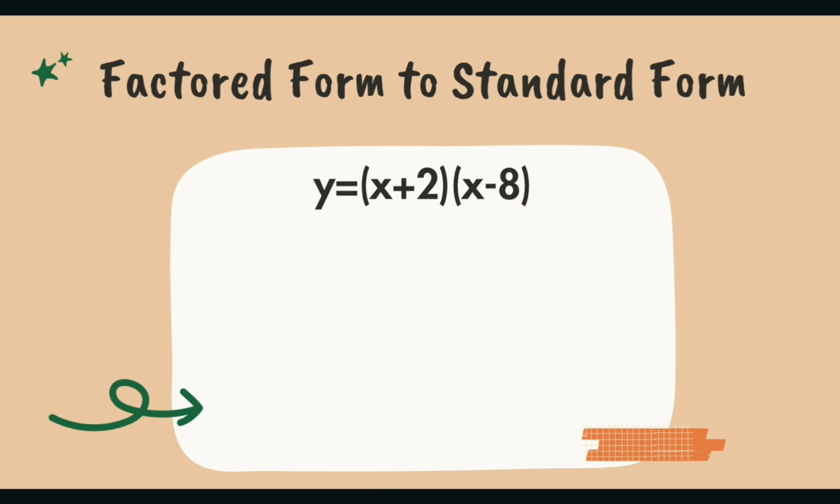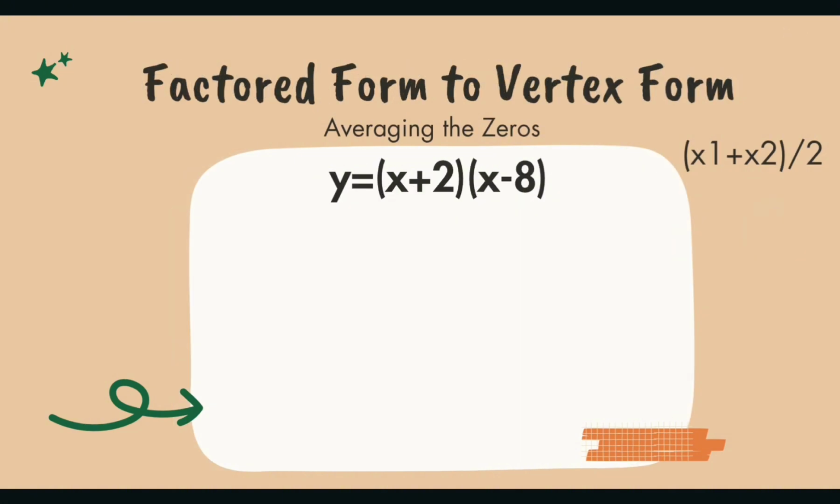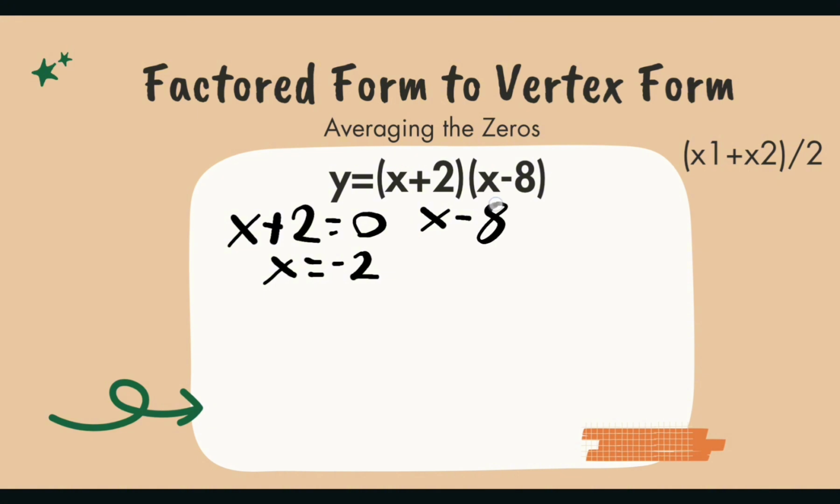Okay, let's move on to our next transformation. When converting from factored form to vertex form, we need to average the zeros. First, let's find our zeros. x plus 2 equals 0, x equals minus 2, and x minus 8 equals 0, x equals 8.